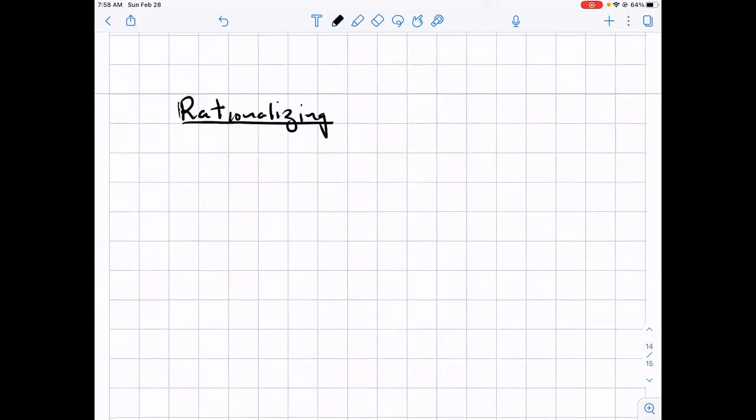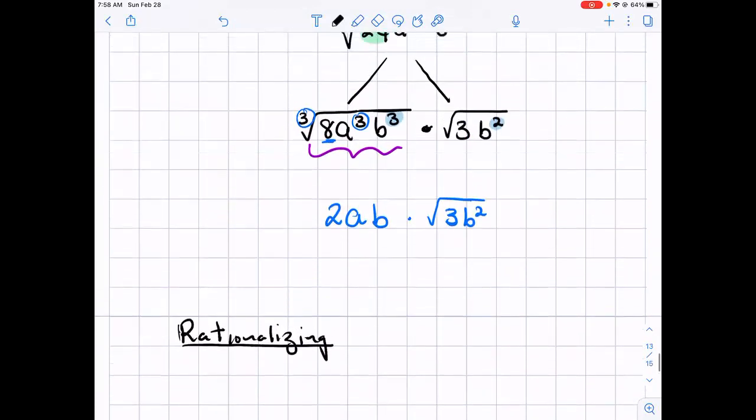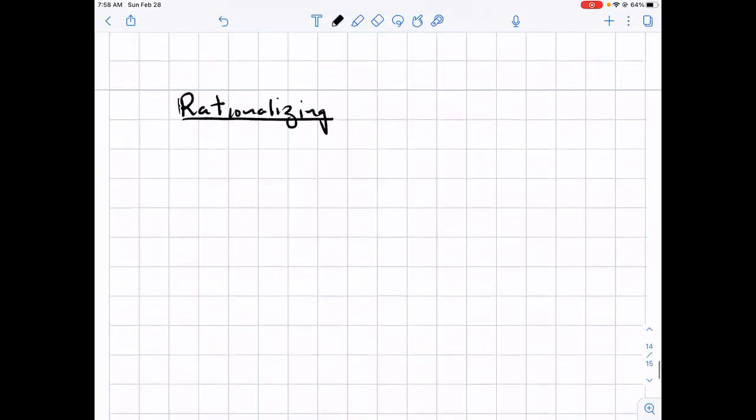Remember, rationalizing means you multiply by the conjugate, okay? And generally when we rationalize, we don't want a denominator with a root, but you can rationalize the numerator. So in that same video where we talk about simplifying radicals, I did talk about rationalizing.